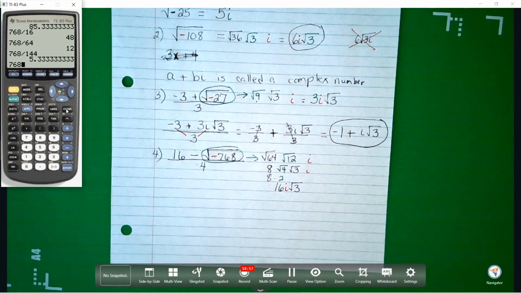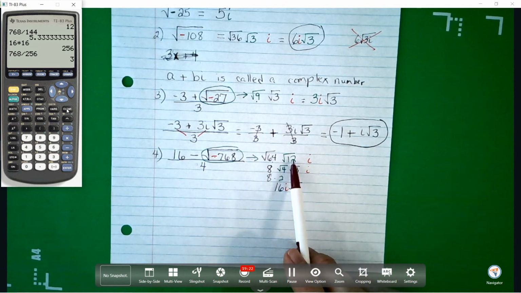Okay, let me clear this. What's 16 times 16? It's 256. So 256 is the perfect square that divides evenly in. If we'd done it all as 256 times 3, that would have gotten us there faster.